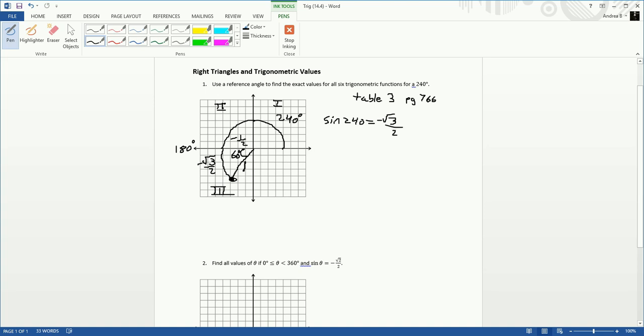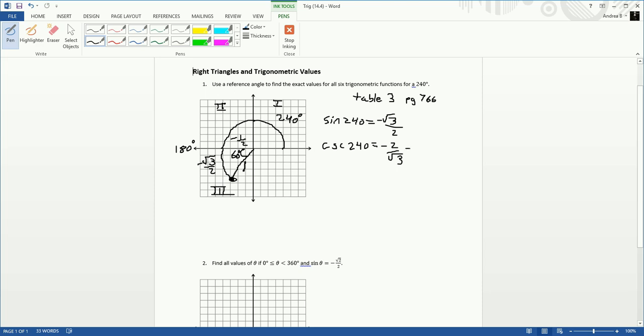And then I am going to go ahead and write right below it the reciprocal now that we've done a few of these. So remember, the reciprocal is your cosecant. So the cosecant of your 240 degrees would be a -2 over the square root of 3. It is the reciprocal. You would flip that fraction around to get the cosecant.